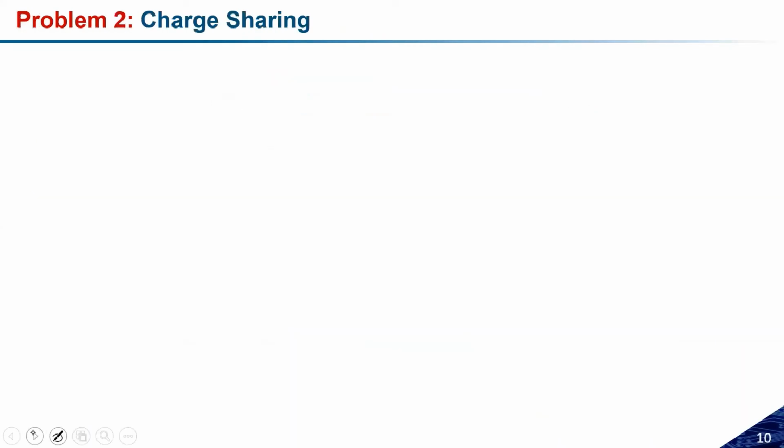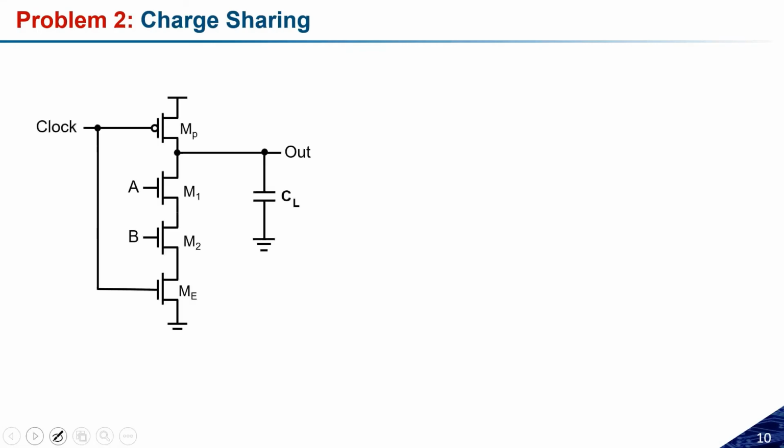So the second problem is the charge sharing problem. What is the charge sharing problem? Let us try to understand this charge sharing problem and see how we can overcome it. Suppose I have a two-input configuration, something like this, where we have provided two inputs A and B in the pull down network.